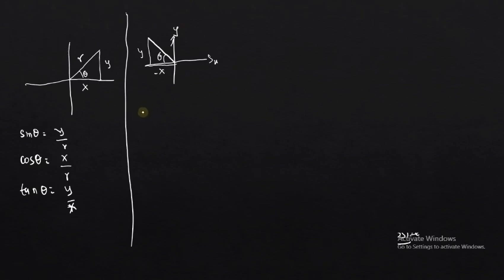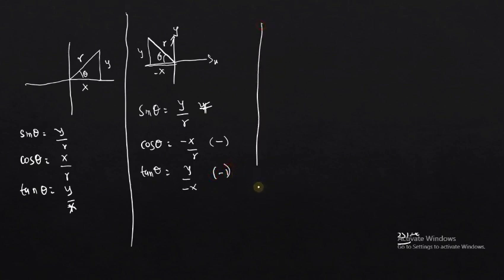So let's see what's happened. Our sine theta in this case will be equal to opposite over R, which is positive. Let me just write plus. Cos theta will be equal to negative x over R, and this is negative. Our tan theta will be equal to y over negative x, and this is negative.